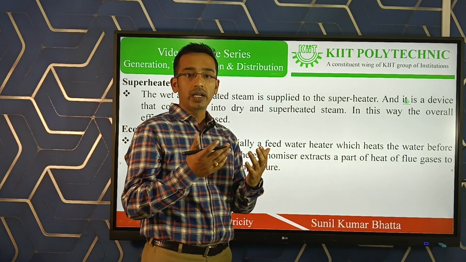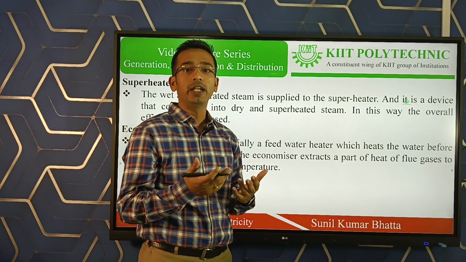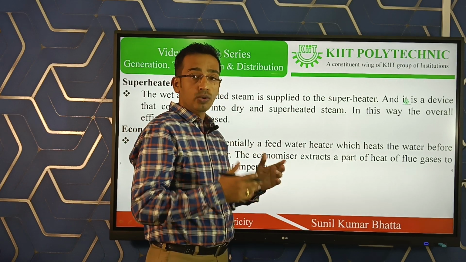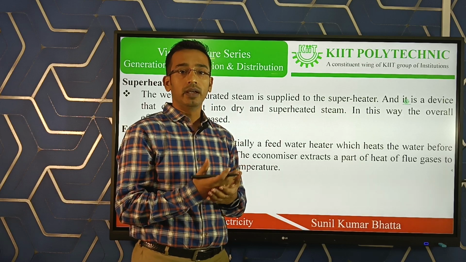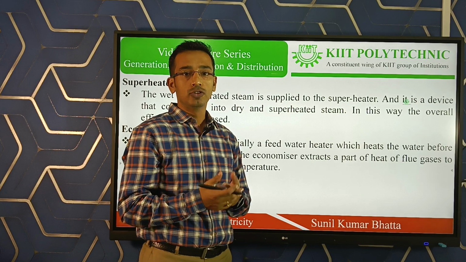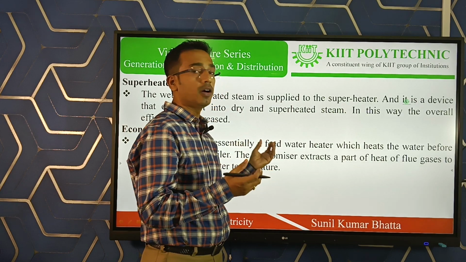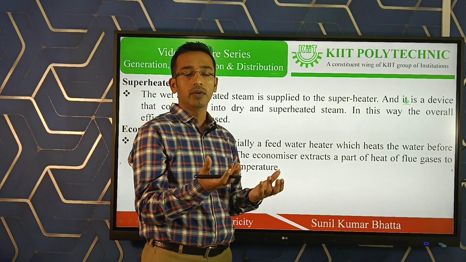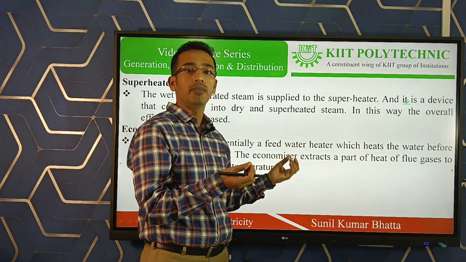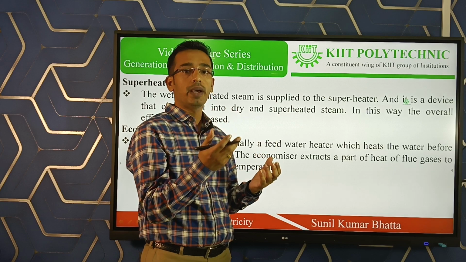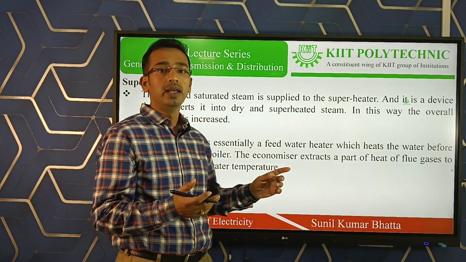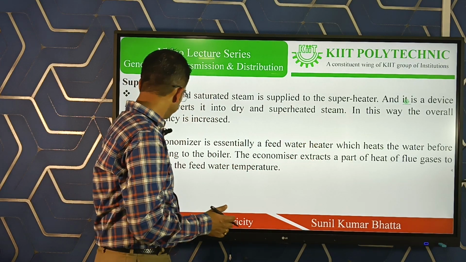The heat comes from the flue gases, the hot gas coming from the boiler. In the economizer the water is preheated, and that preheated water is again applied to the boiler.